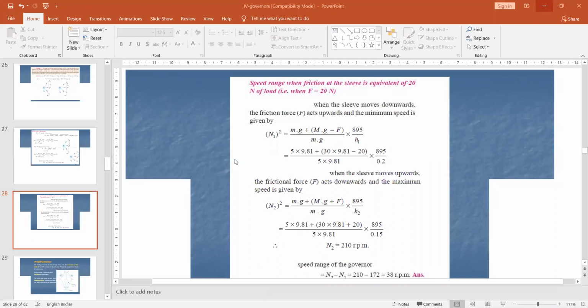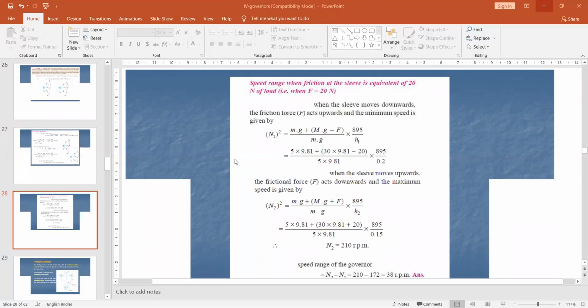Now observe the speed range when the friction at the sleeve is equivalent to 20 newtons of load. They may also mention the friction value. When the sleeve moves downwards, the frictional force acts upwards, and the speed value is going to be lower.